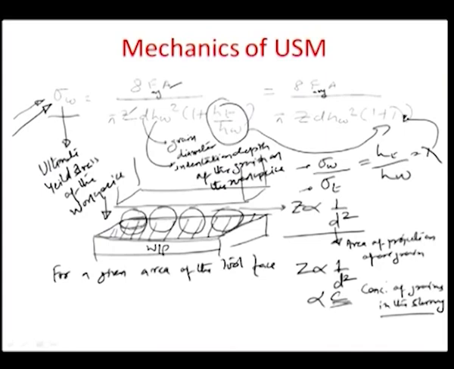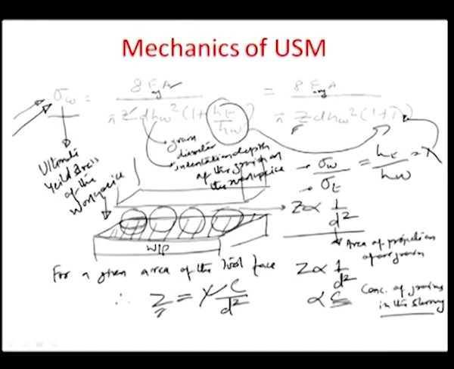So, therefore, we can say that Z is equal to some constant xi times C by d square, and we can substitute the value of Z from here into this particular equation.